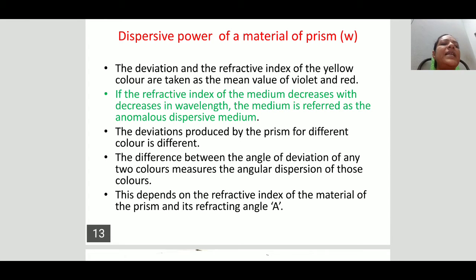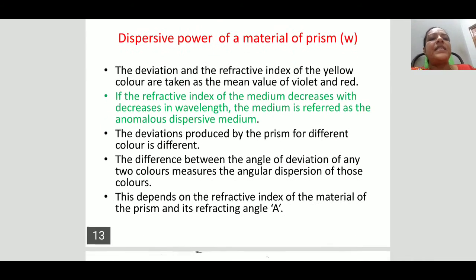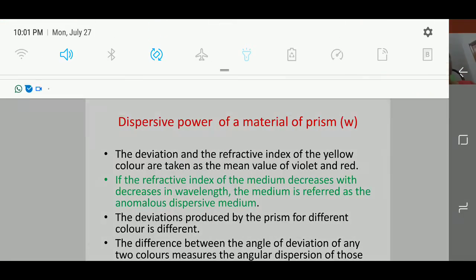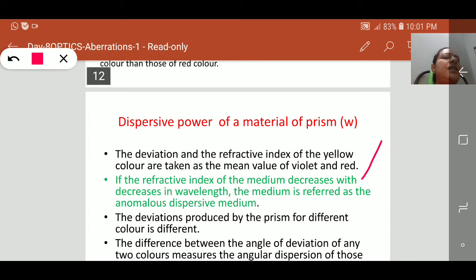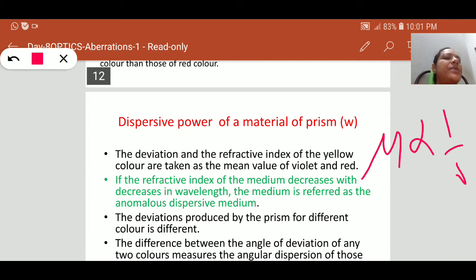One thing to remember: the refractive index is inversely proportional to lambda. So if the wavelength increases, mu decreases.